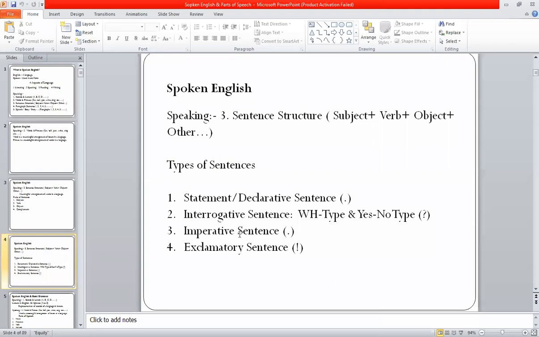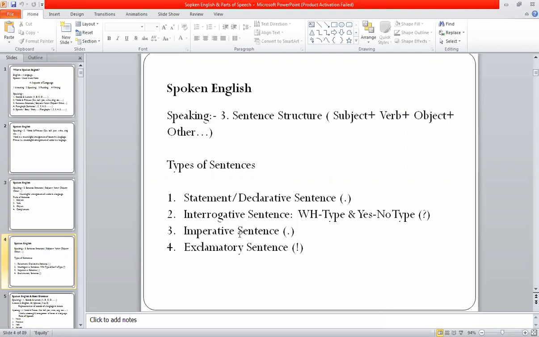There are two types of interrogative sentences. What are these two types? First is the WH type of interrogatives, and second is the yes no type of interrogatives.